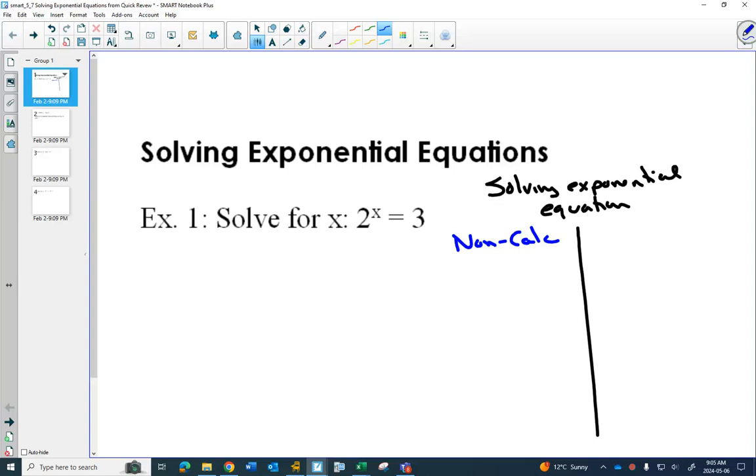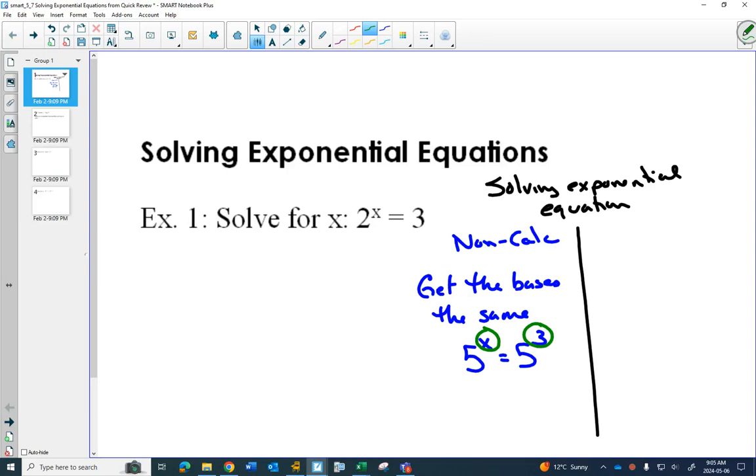If it's non-calculator, we want to use our powers chart, and the idea is you just need to get your bases the same. If you had something like 5 to the x equals 5 to the 3, you could say x equals 3.